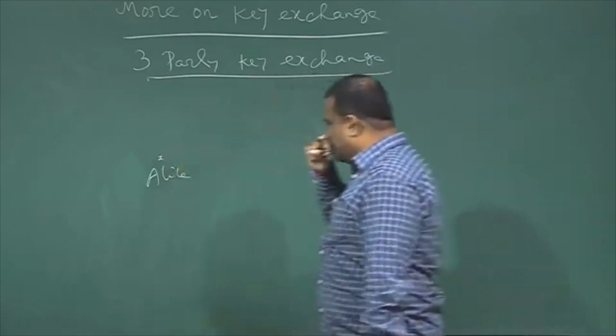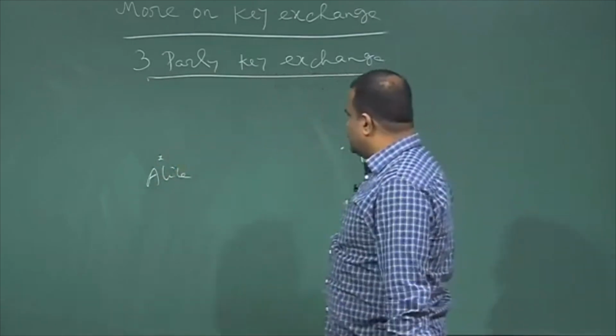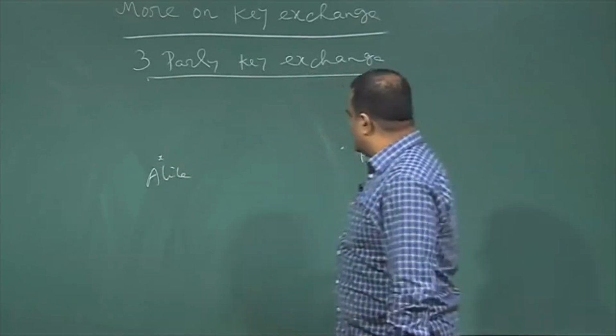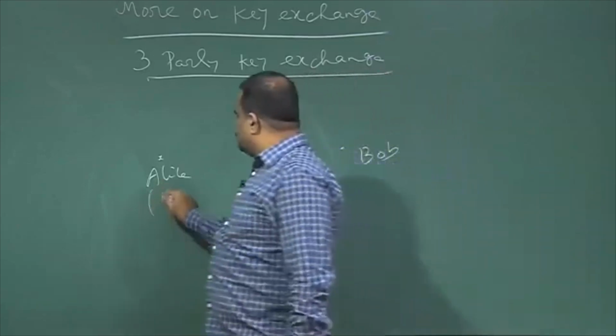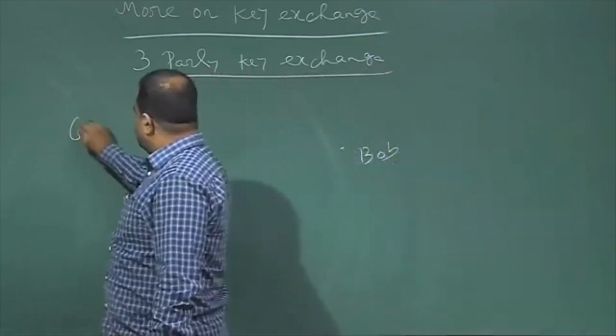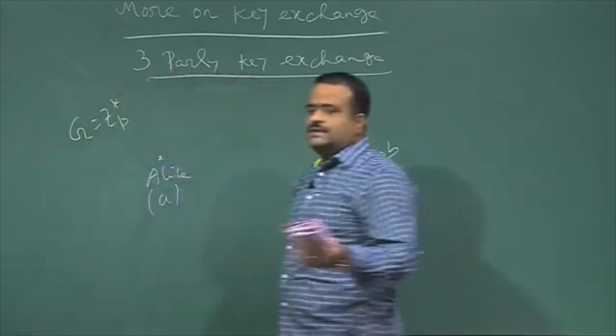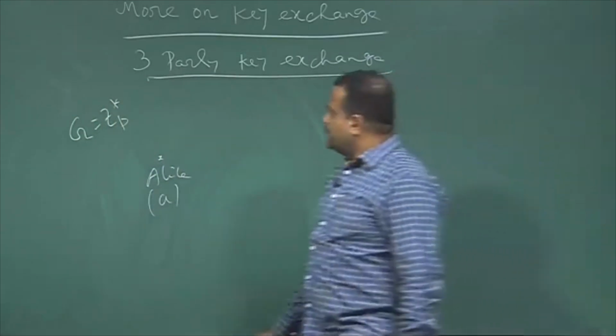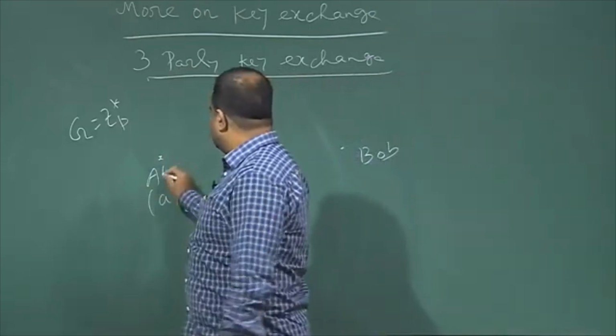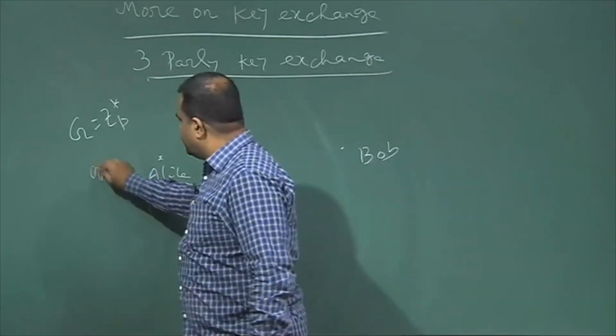If you have 2 parties like Alice and Bob, we know that they can use Diffie-Hellman, because in a single round they can do the key exchange. They have a group G, typically Zp star, though it could be another group, where p is a prime and small g is a generator of this group.